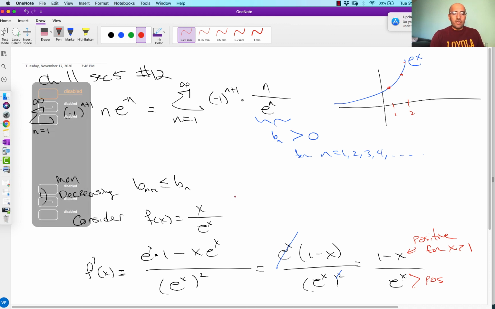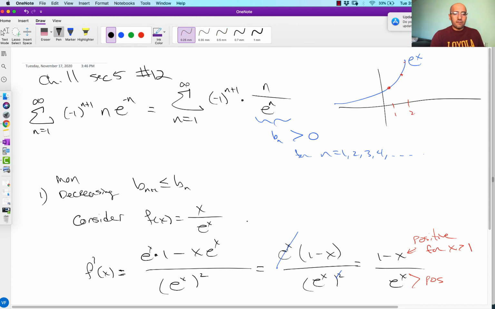Okay, so now keeping in mind that f of n, plugging in the counting values instead of an x, is equal to n over e to the n. In other words, it's a subset of that. We've established that it must be true that these are decreasing.